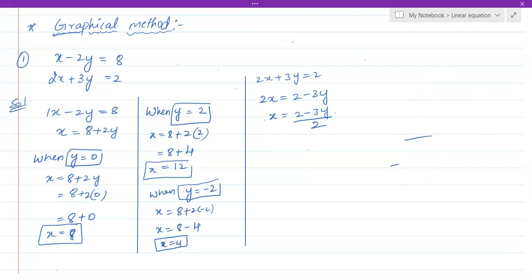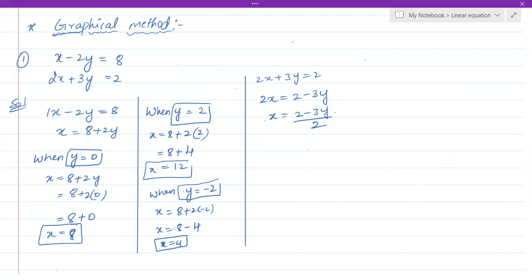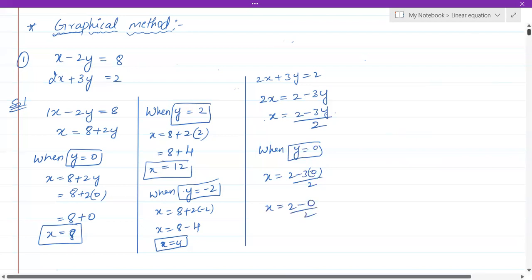So you have to choose the value of y in such a way that the answer that you get in the numerator should be divisible by the denominator. Here the denominator is 2. Therefore, it should be divisible by 2. As you know, we can give 0. So when y is equal to 0, what does x become? 2 minus 3 into 0, divided by 2. 2 minus 3 zeros are 0, divided by 2.